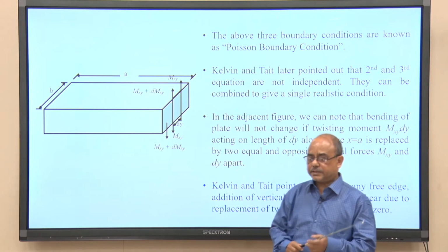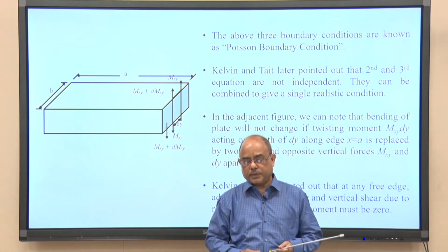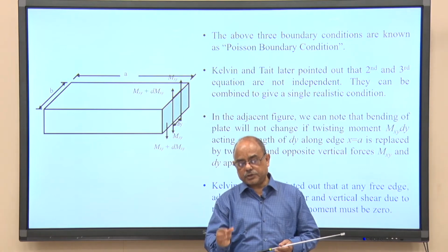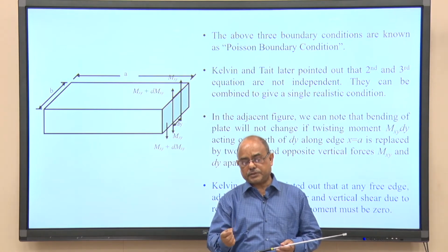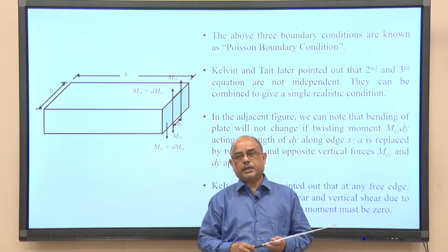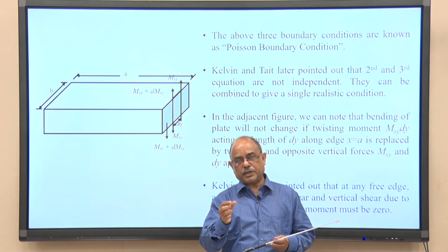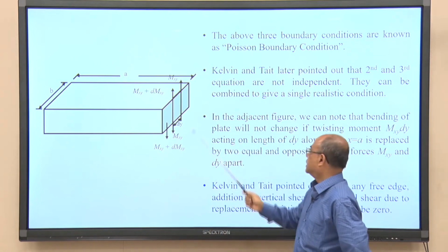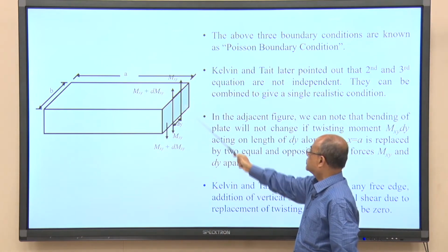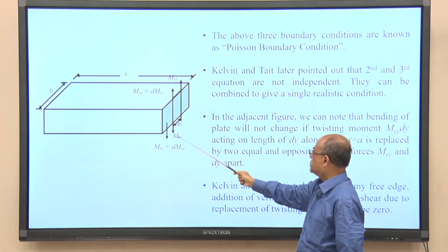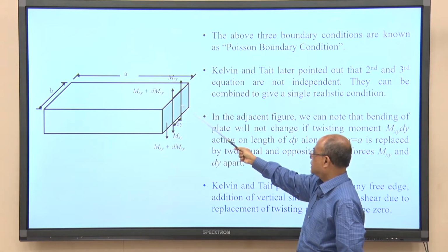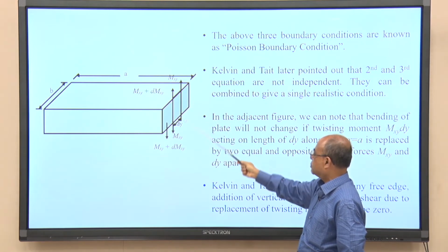If it acts on a length d y, the total twisting moment on this length will be m x y d y. Now, you can see this twisting moment m x y d y can be represented by two equal and opposite forces m x y, so that they give rise to a couple m x y d y.